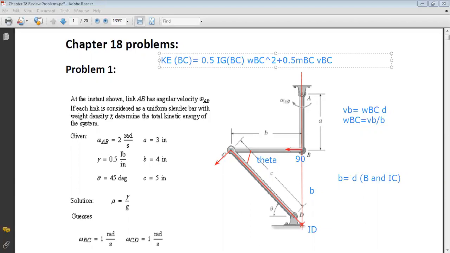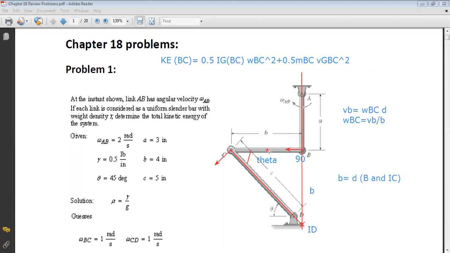Not V of which point, but V of the center of BC. I should take into consideration the velocity of the center of mass, which is here. This is the center of mass of BC, at the middle because it's a uniform bar.